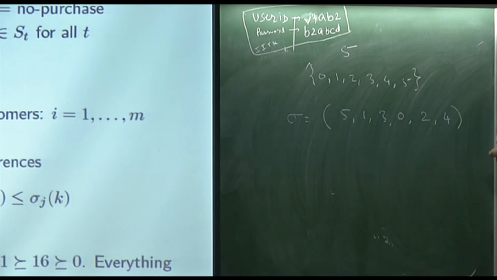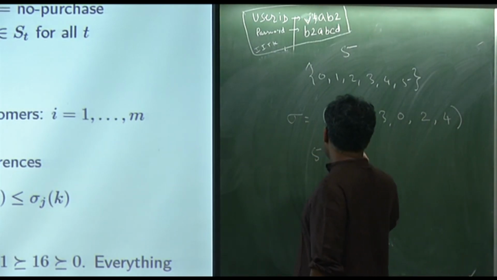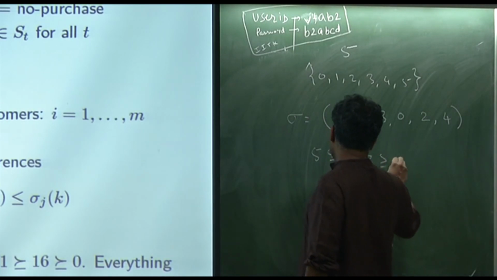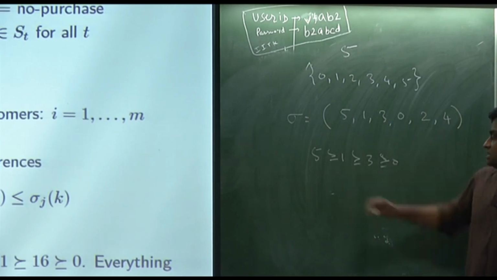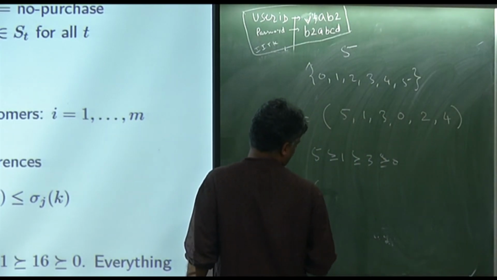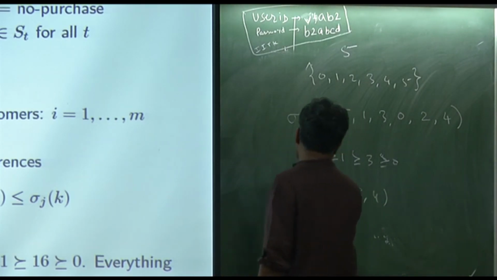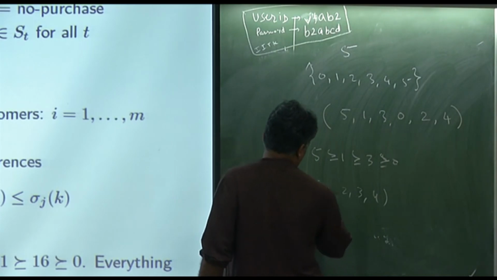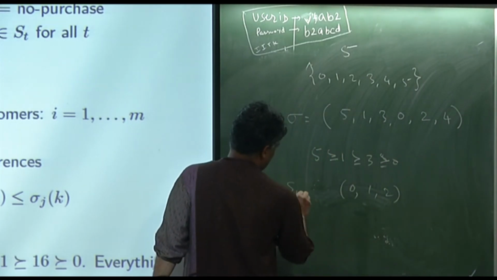So what this permutation means is that for this particular customer, 5 is preferred to 1, is preferred to 3, is preferred to 0. So suppose I showed them the set of products 0, 1, 2. This is the set S that I've shown this customer.